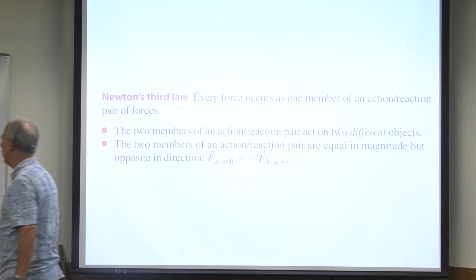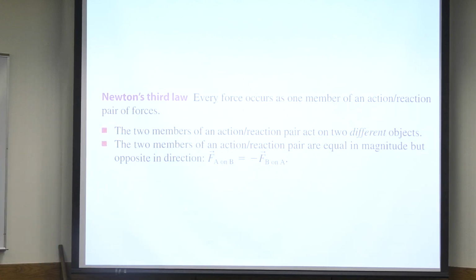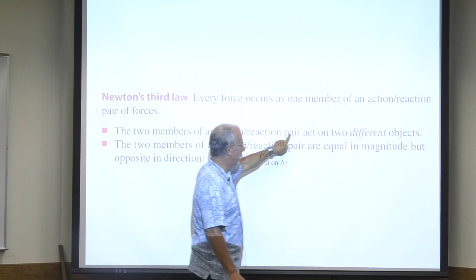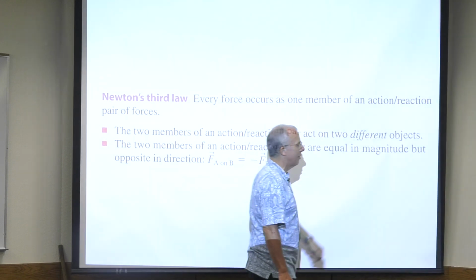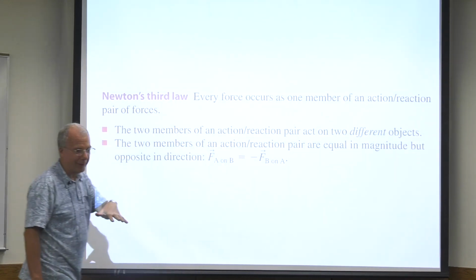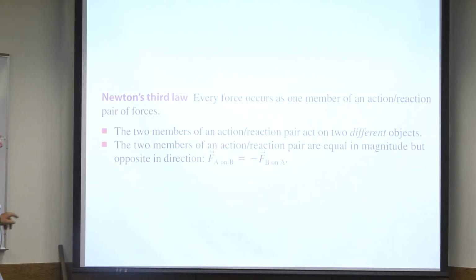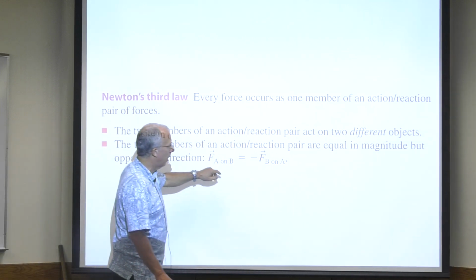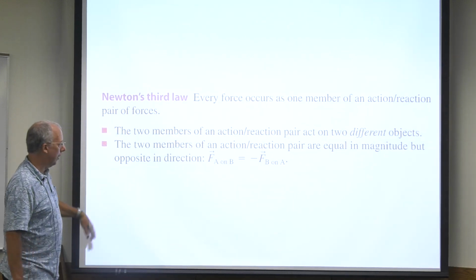Here this is the object, and here this is the object. I'm making a big deal about this, and you'll see why soon enough. The two members of a force pair are equal in magnitude and opposite in direction.